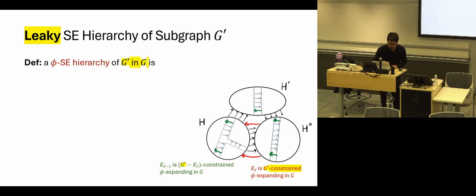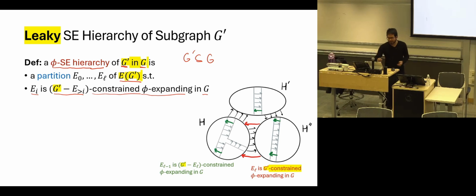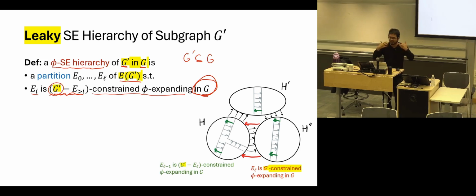This is a leaky expander hierarchy of a subgraph G' in G. Now it's just a partition of edges in G', and E_i is just G' minus E more than i constraint, expanding in G. So the point is it's just like before, but now the constraint is for G' like before, for the original graph like before, but I can route in the supergraph, for example. So even more relaxation.